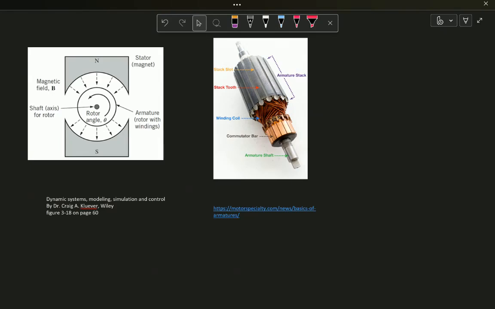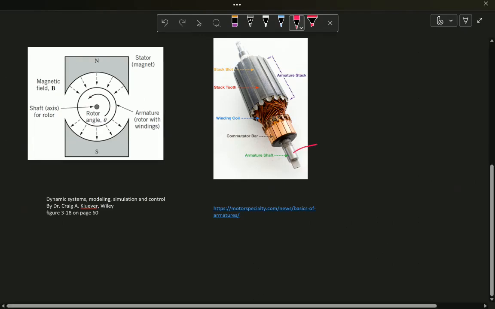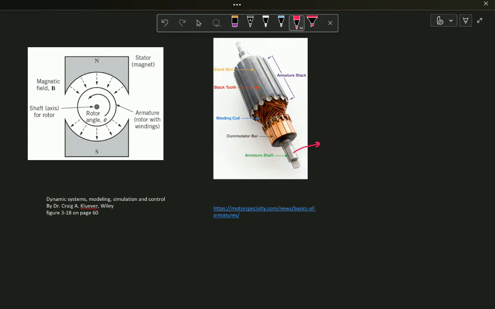Let's look at this rotor that is inside the stator. The rotor is basically a shaft that has some stack, and on this shaft you have wires or windings on the periphery.